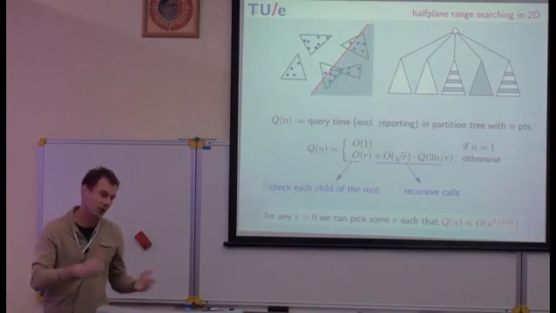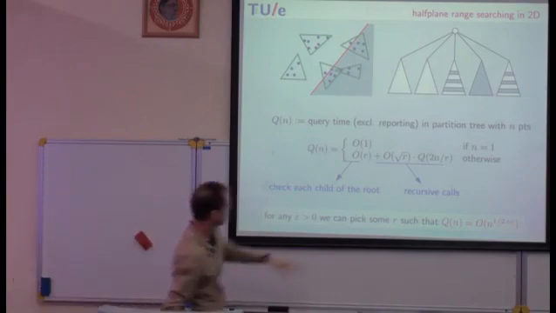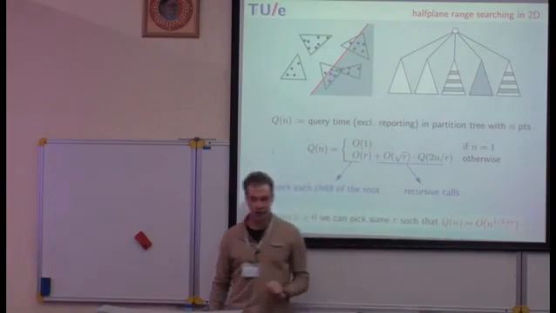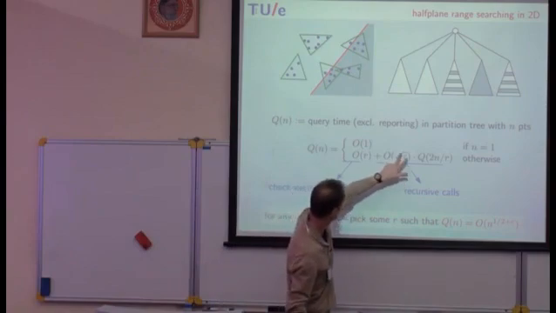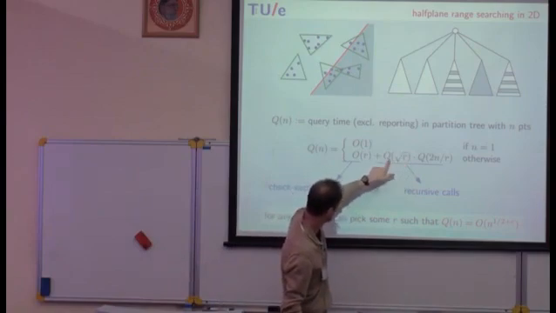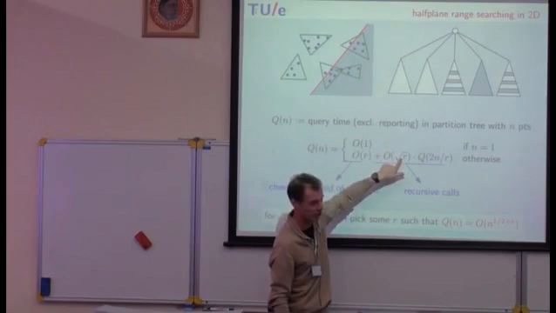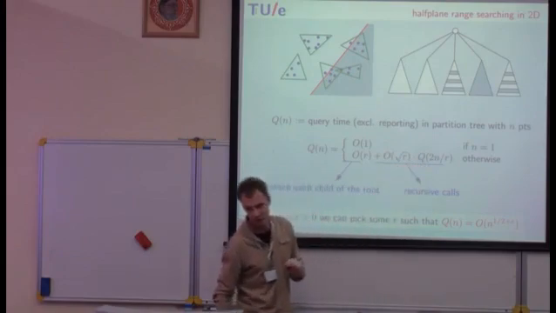Good. Then by applying the master theorem, you can see that you get square root of n. But unfortunately, this is not really square root of r, but a constant times square root of r. And that messes things up a little bit.